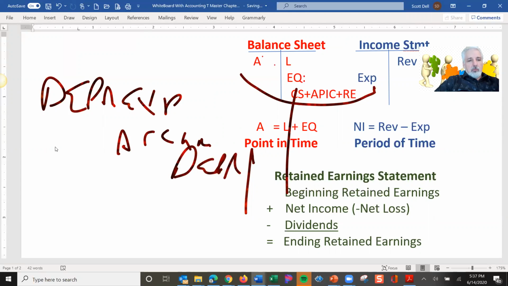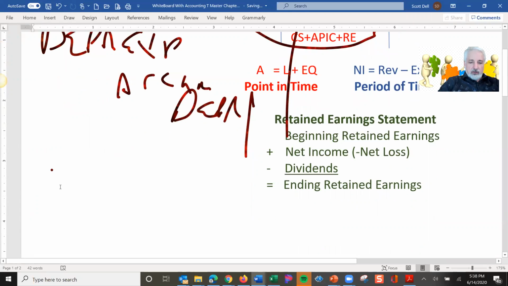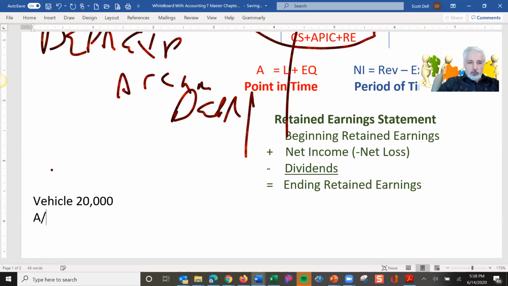But let's say I have an asset, a vehicle on my books for $20,000 purchase price. I have accumulated depreciation so far of $15,000. I have a net book value of, you guessed it, $5,000.